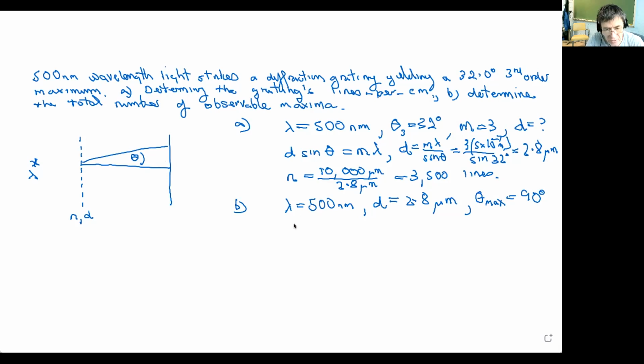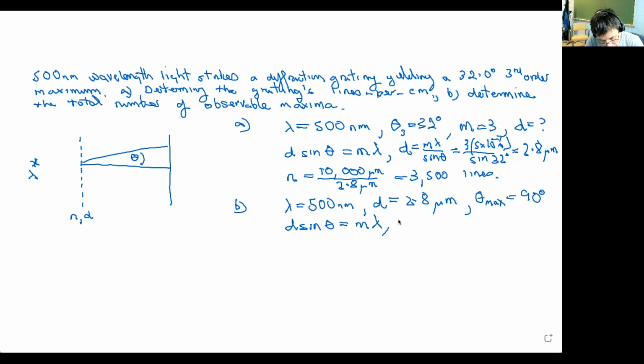So again, we're going to start from the same sort of master equation for the diffraction grating that relates the line spacing, the angle at which the diffraction occurs, the index, the label for the maximum, and the wavelength.